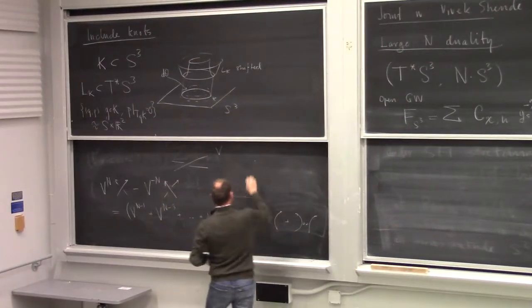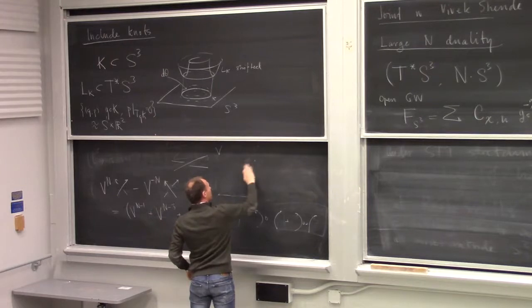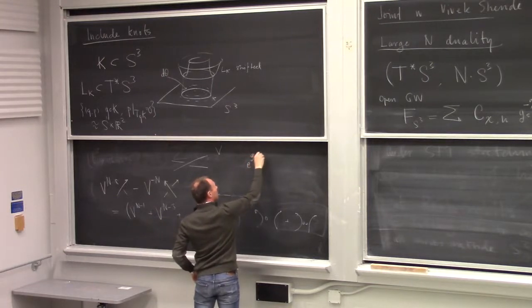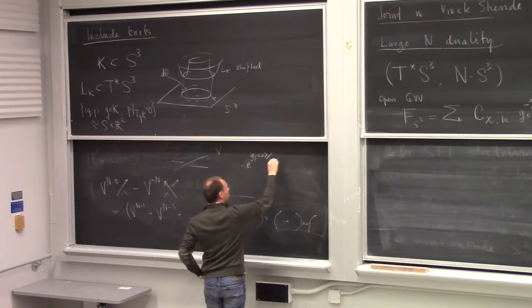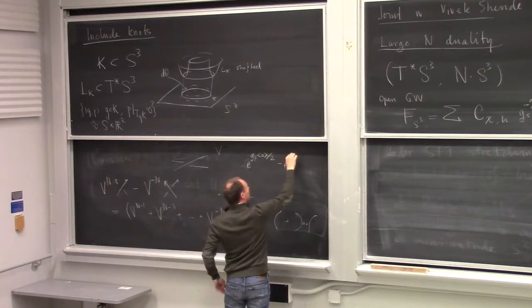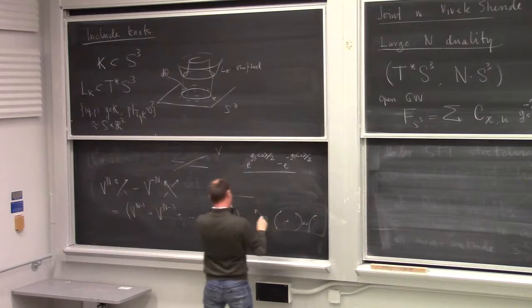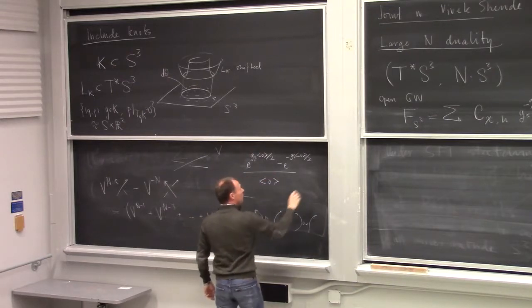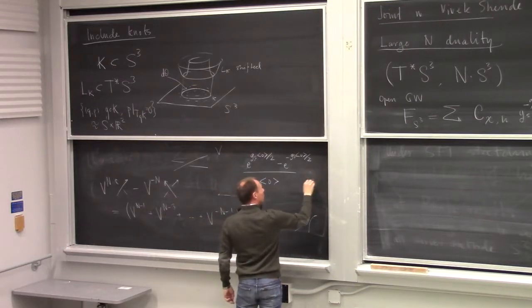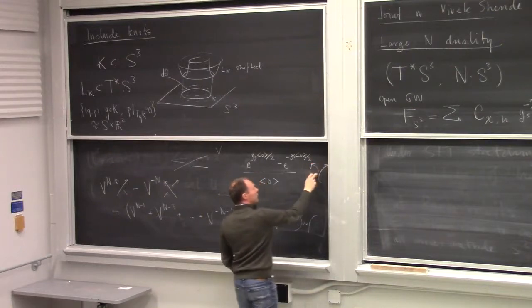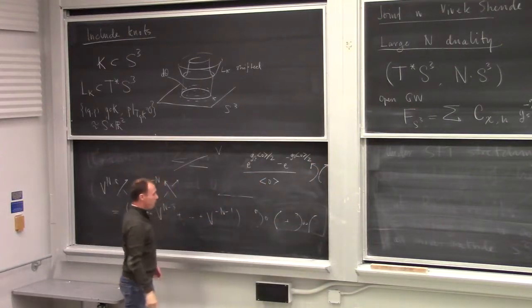So what you find is basically this thing should be replaced in that case by the following funny equation. So you should have e to the gs times the expectation of the circle, and just keep this as an insertion in the skein module.